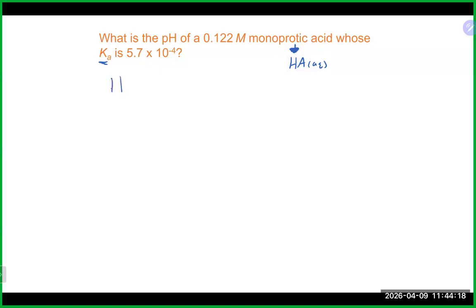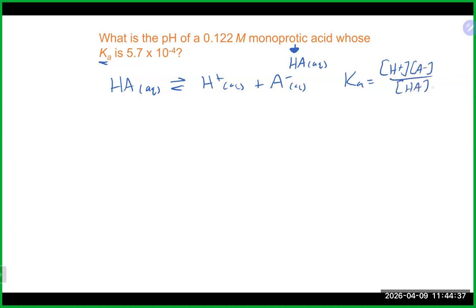So with that being said, we're just going to use our generic formula here for an acid, in this case, a weak acid, and show it breaking apart into its ions. That will give us obviously a Ka expression of H plus, A minus, over HA, and that's going to equal our 5.7 times 10 to the minus 4.